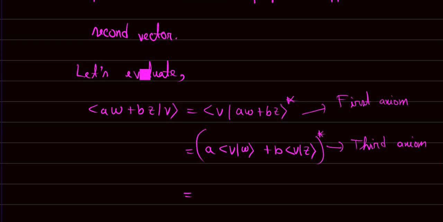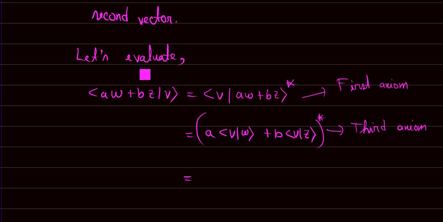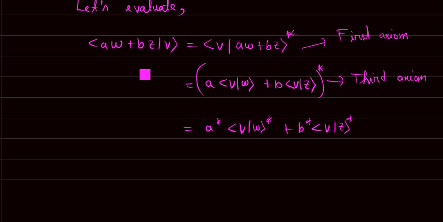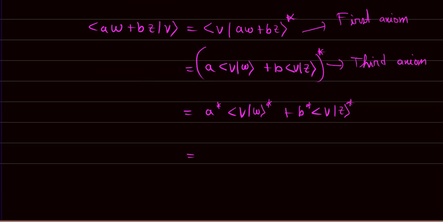Okay, and so the complex conjugate is on the whole here, so this is also written like this. So we must take the complex conjugate form of all the numbers, and again from the first axiom this will give us WV, and this is given ZV.